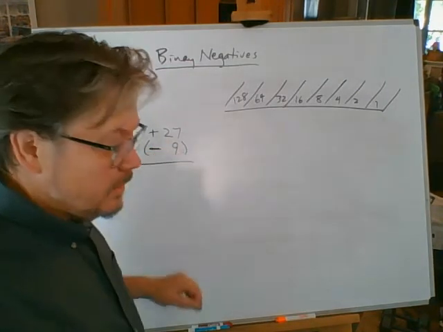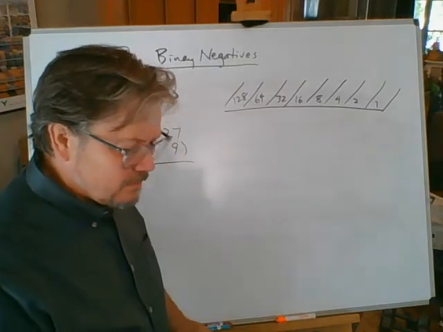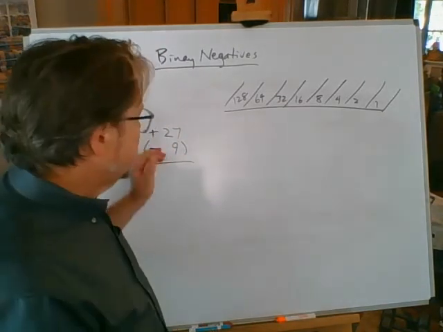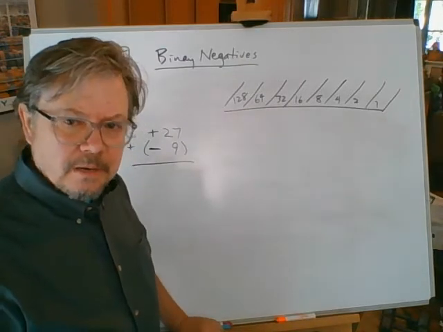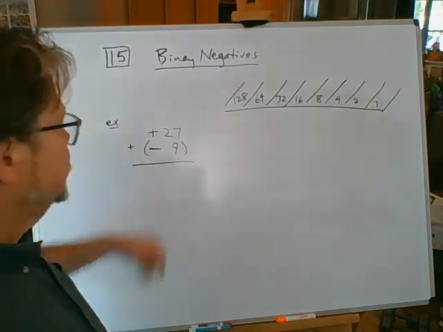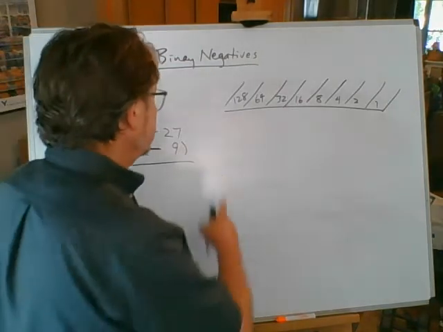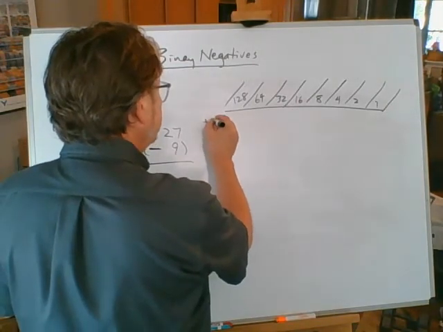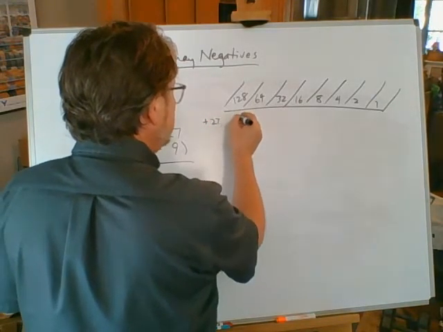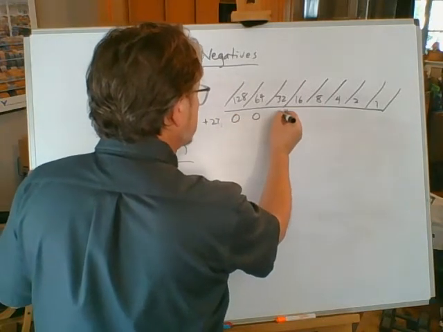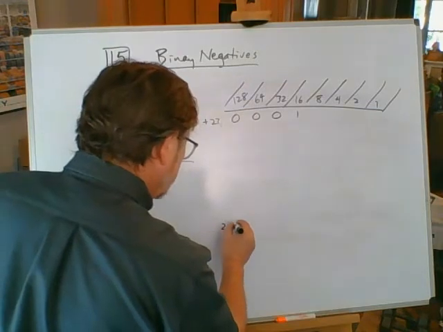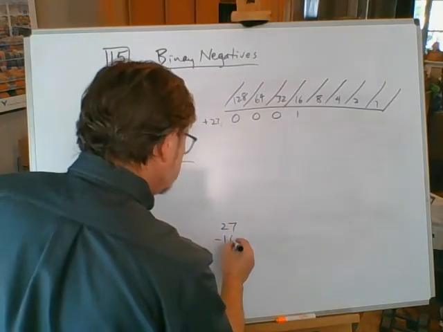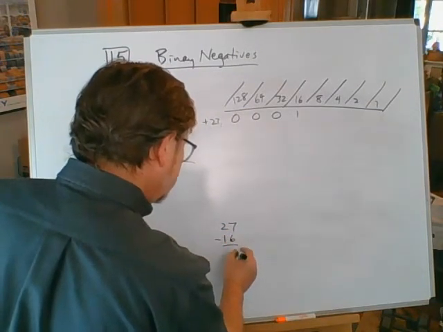27. Here's an easy fun thing. It's about time for an easy fun thing, isn't it? If it's a positive number, it looks like the good old-fashioned binary we've been using so far this entire module. So positive 27, there's no magic to that. To get positive 27, I'll put a 0 in 128, 0 in 64, 0 in 32, a 1 in 16, scratch work. 27 minus 16, that's 11.